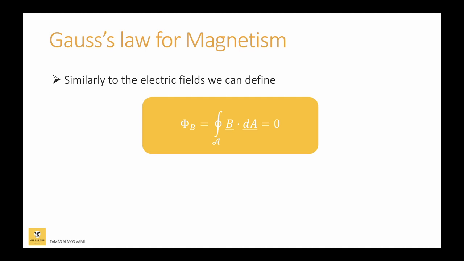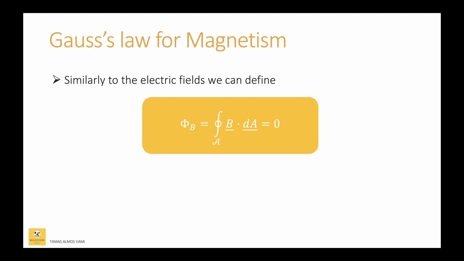When you have a charge, that will create an electric field. So here, when we say that this is zero, that means that the magnetic field is sourceless. So there is no such thing as something similar to the charge. There is no single north pole, or no single south pole. These things only exist as a dipole system, the two of them together.